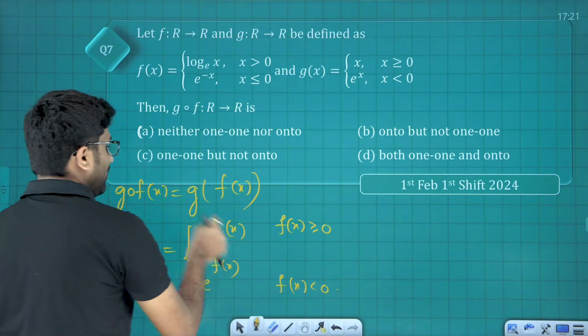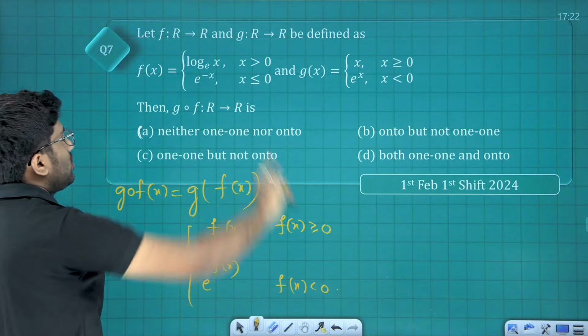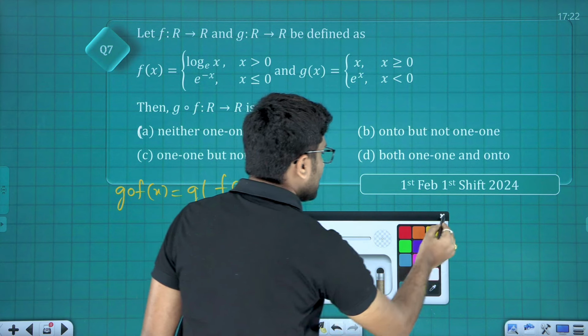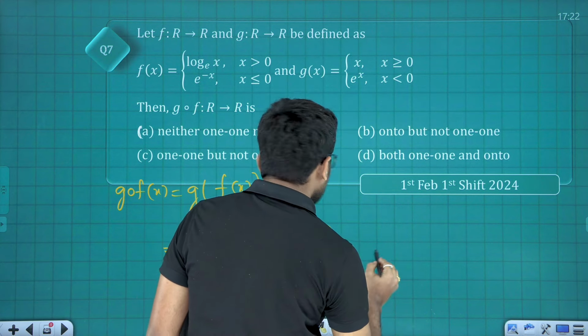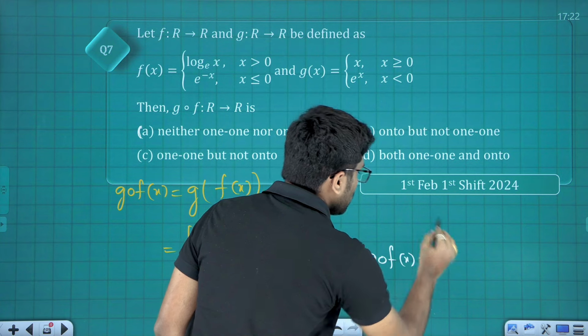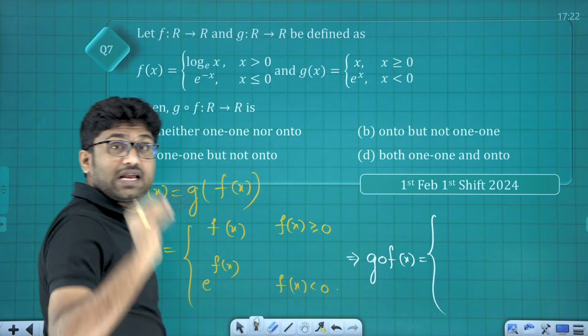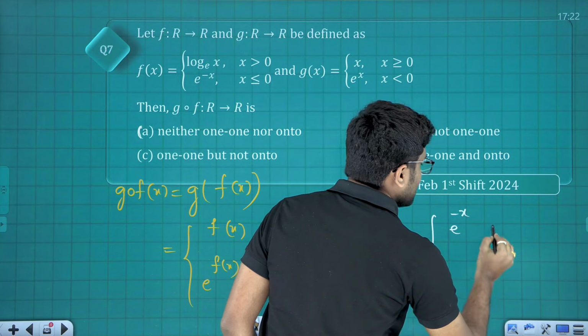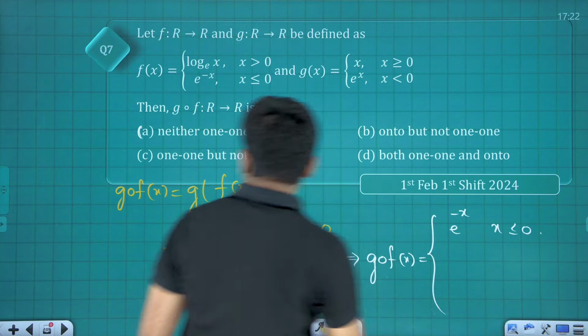Now you focus on f of x. F of x greater than or equals to 0 means in which case f of x? In both the cases. So that means clearly from this case G circle f of x is equals to e power minus x if x is less than or equals to 0.